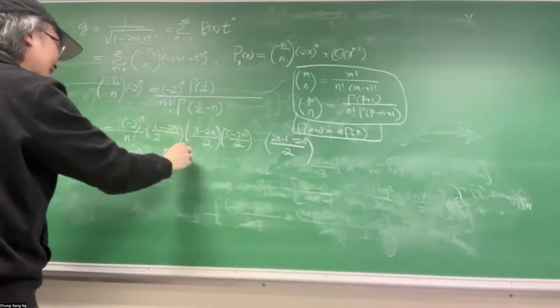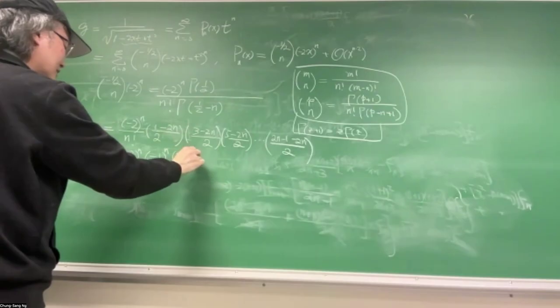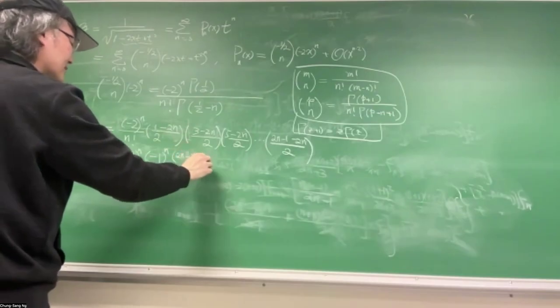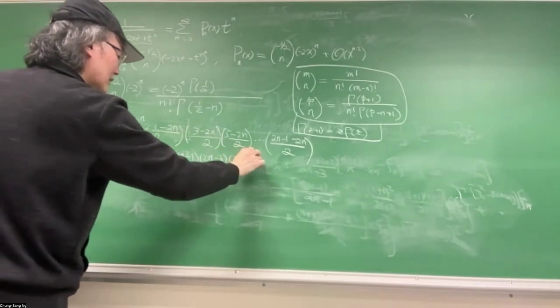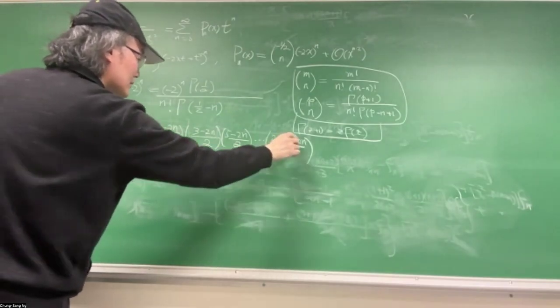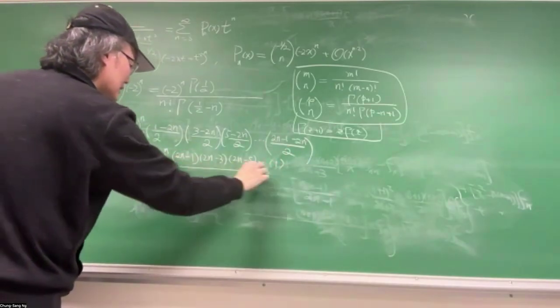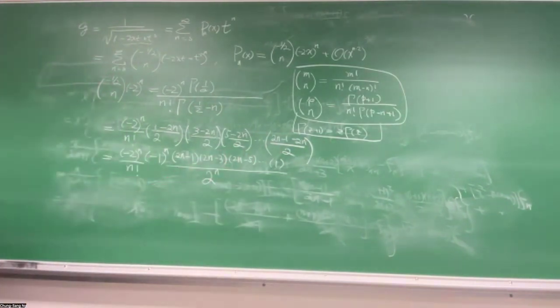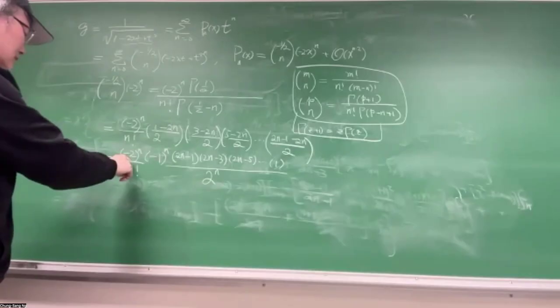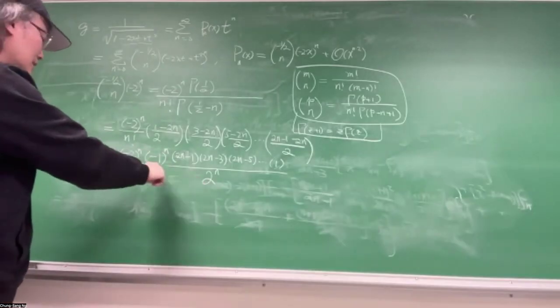So you change it to n minus 1 because n is larger than 1. So 2n minus 3, 2n minus 5, altogether until it becomes 1. And then you have altogether 2 to the power n. Okay, now you see that all these cancel, minus 1 cancels, 2n cancels.